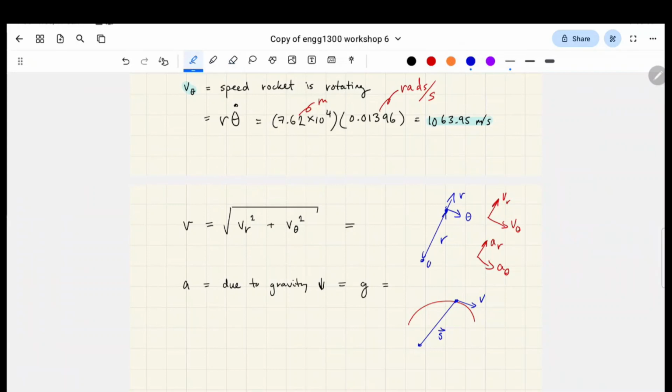The velocity on a curvilinear path is tangential to the path, right? And then for the acceleration, the normal component points towards the middle of the circle, and the tangential component is tangential.